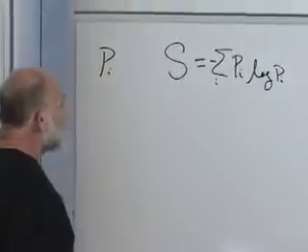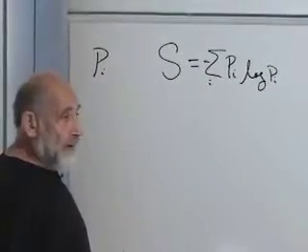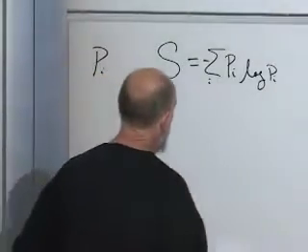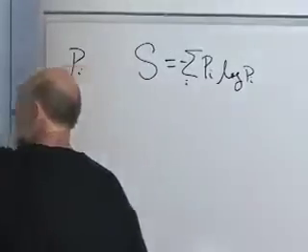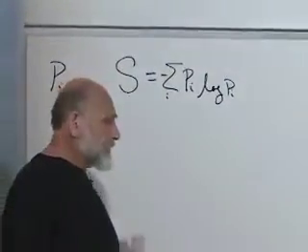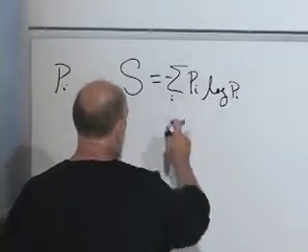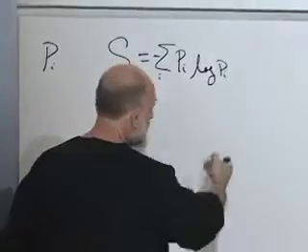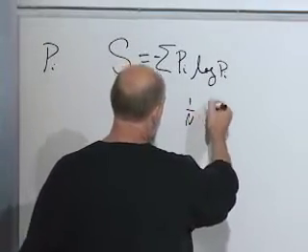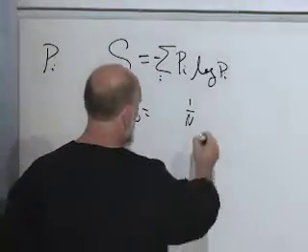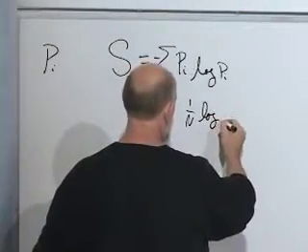The other extreme is when you have complete ignorance. And in that case, each p sub i is 1 over n. Let's take it to be the same n here. Then you get S equal to, before you do the sum, 1 over n log 1 over n, but it's minus log 1 over n, so that's actually the same as log of n.